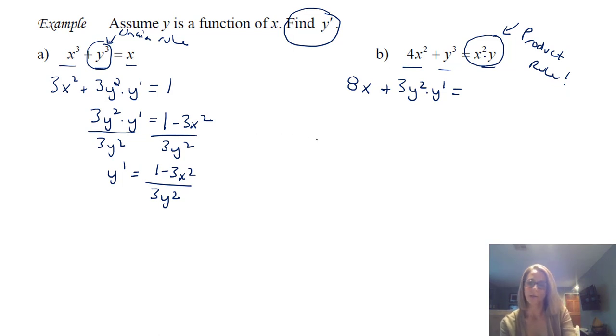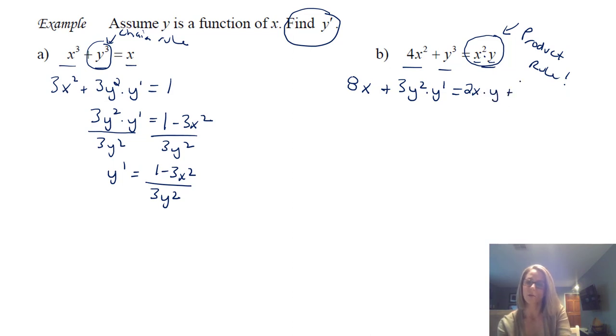So it tells us, and I do it this way, I take the derivative of the first piece. So you want to look at this as one piece, which is x squared, and 2 pieces, the second piece is y. So we have the derivative of the first, which is 2x, times the second, which is y.